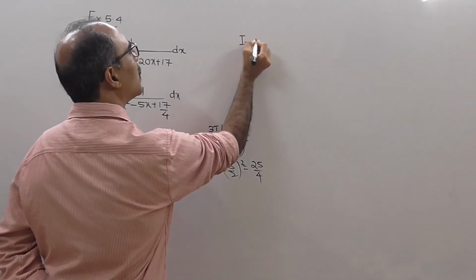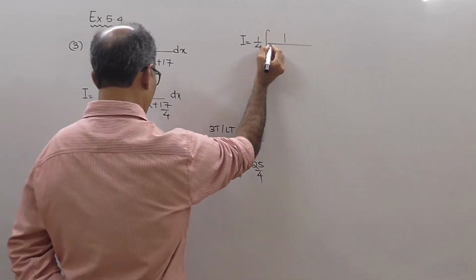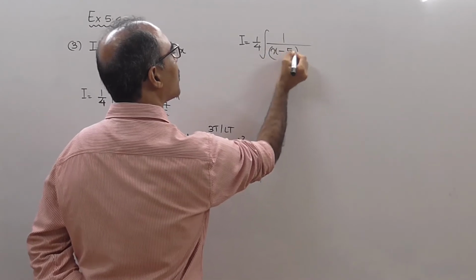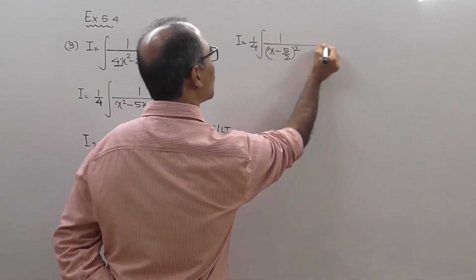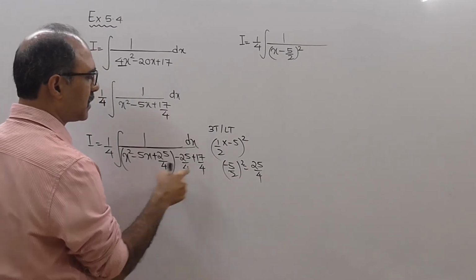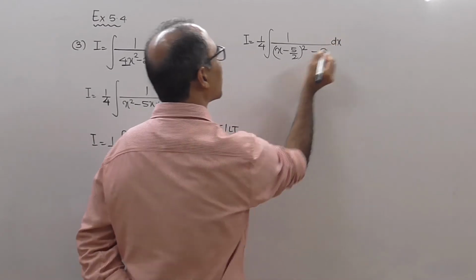So I equal to, you have 1 upon 4 outside, integration 1 upon, I think this is (x minus 5 by 2) the whole square, okay, and minus 25 plus 17 is minus 8 upon 4 dx.